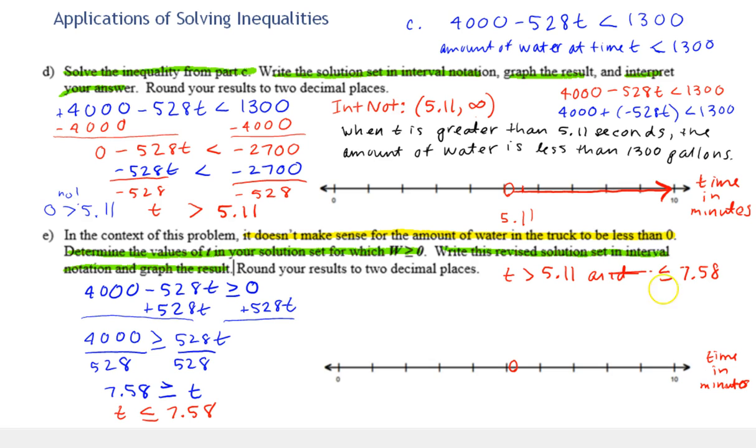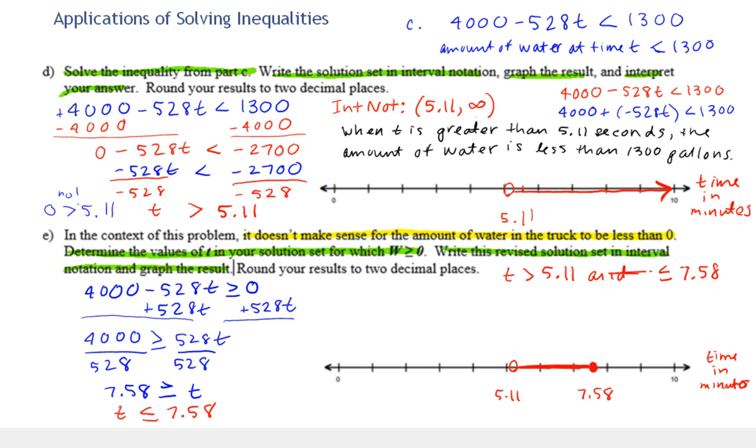And t less than or equal to 7.58, well here's 6, 7, and 7.58 is a little bit more than half, and I'm going to use a solid circle. So 5.11, 7.58, and the values that work for both of these is anything in between.